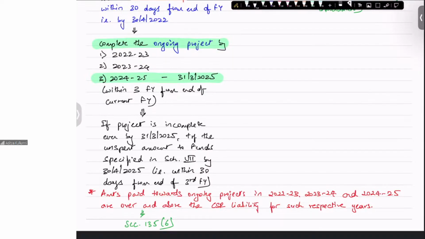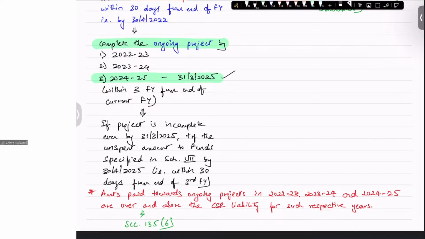By 31st March 2025, you have to ensure that the project is completed, the school is constructed. You cannot expect the government to perpetually grant you time to complete the project. So within 3 years, you have to ensure that the school in our example is constructed.